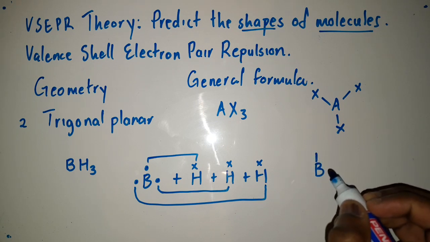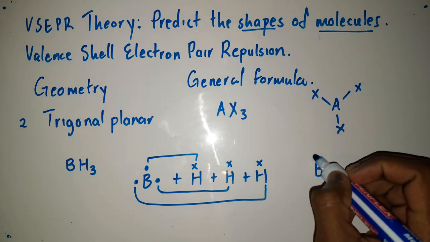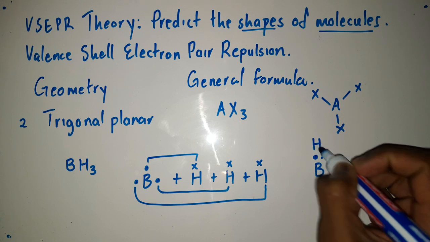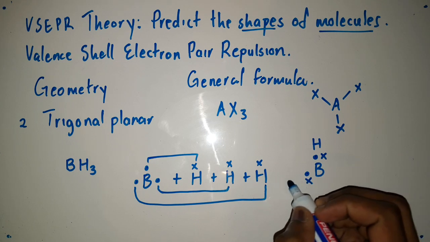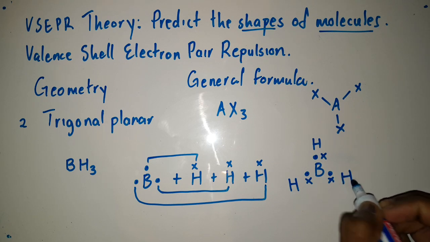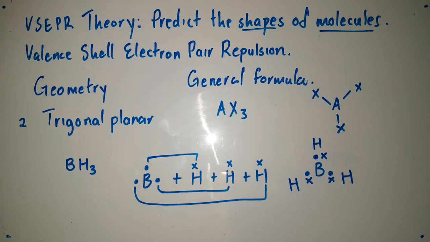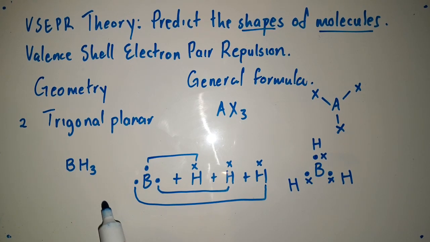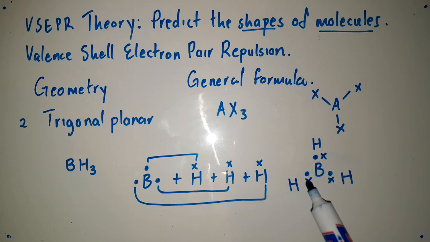Let me use electrons first, then X for H, another X for another H, a dot with another X. This is our Lewis dot structure of boron trihydride. Now if I were to replace these bonds with a line, I'm going to get a situation which is like this.